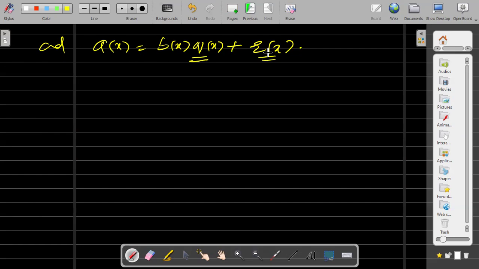Now we take the other case. Otherwise, we have n greater than or equal to m. In this case we will do it by induction. The degree of a(x) is n, so we explicitly write it.